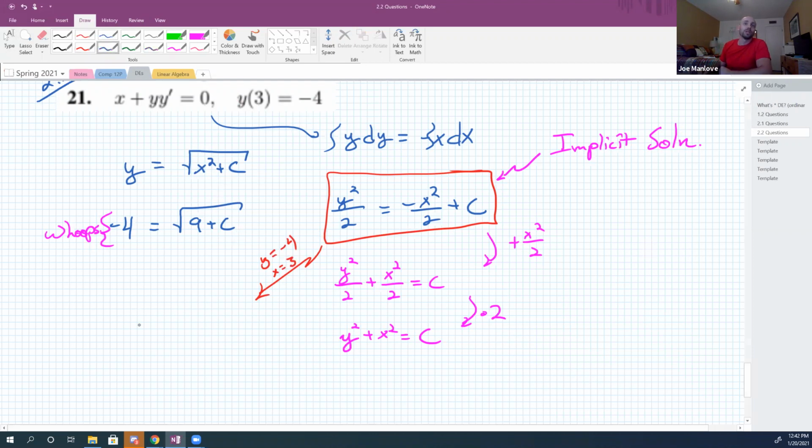So when I plug those in, I'm going to get -4 squared over 2 is supposed to equal -9 over 2 plus a constant. So I think I have 8 is -9/2 plus c. Oops, I guess I should make that 16/2.